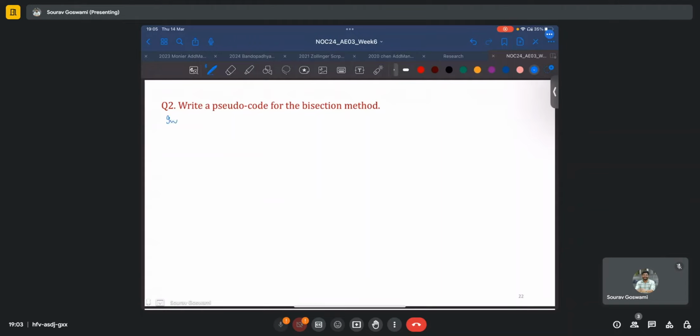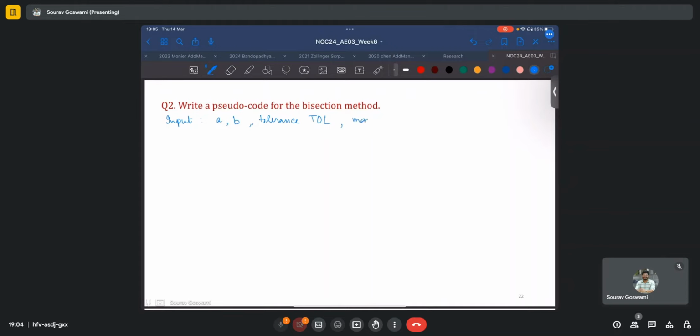Let's look at the inputs. Inputs would, of course, be the endpoints a and b, the tolerance within which we want our error, say, just using the variable t for this, and of course, the maximum number of iterations that we want.